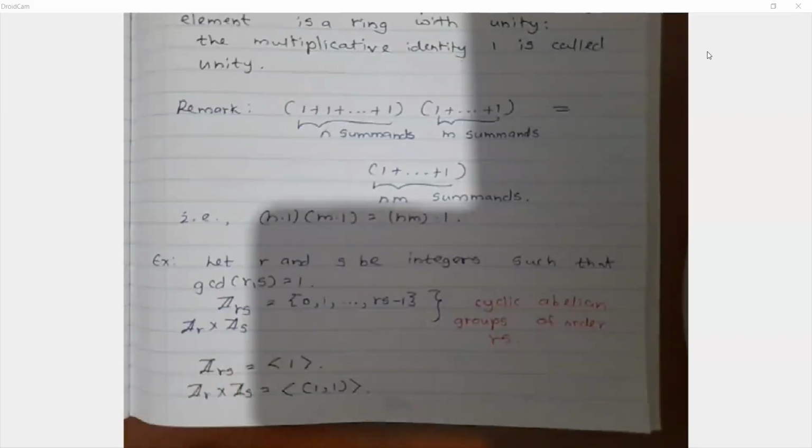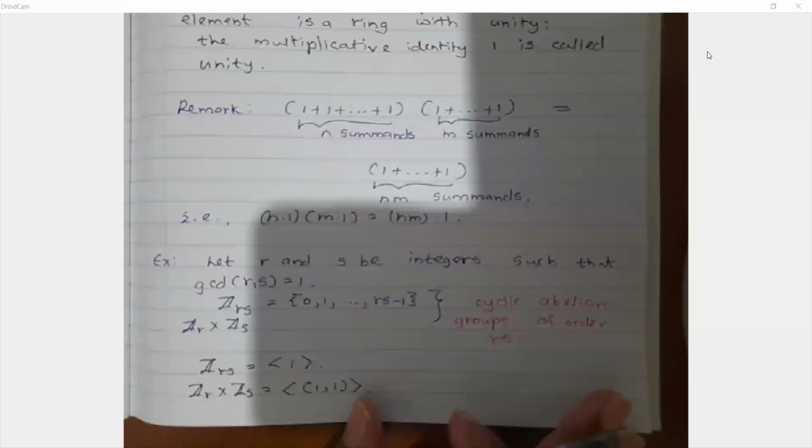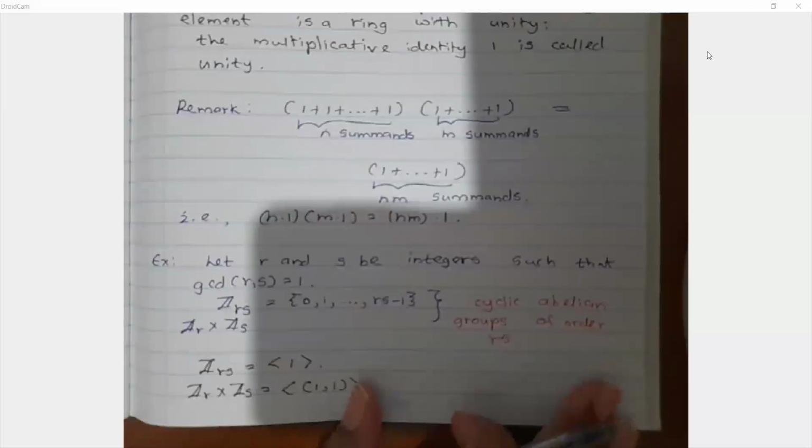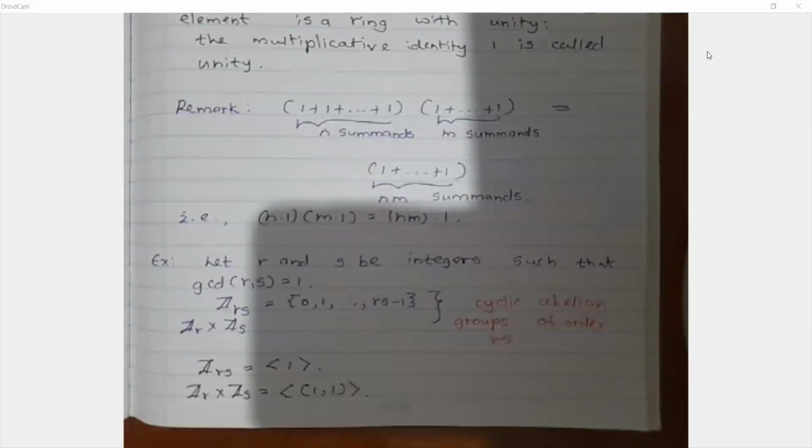Now, because we have not done examples of groups of this form, let's go over this example a little bit to understand the type of elements and how the binary operation is defined on this group.